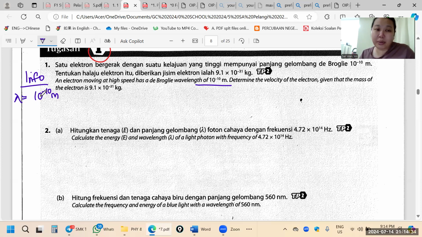Actually, 10 powers of negative 10 means 1 times 10 powers of negative 10. The mean velocity of the electron given the mass of the electron is this.